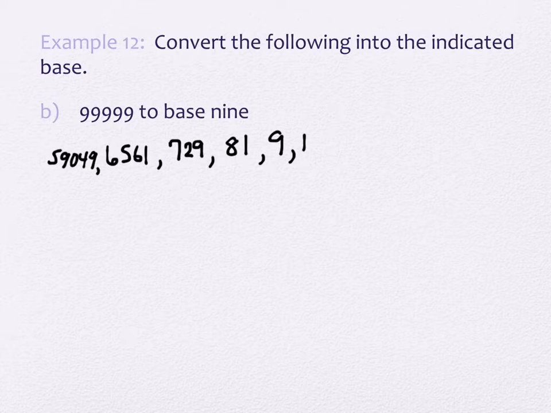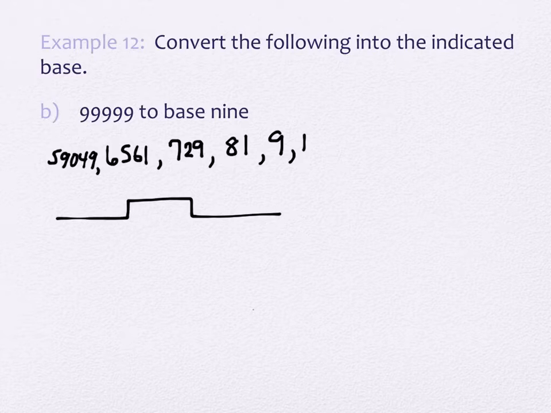All right, so we write down this sort of division bar chart. Scaffolding, I think, is what I've called it once before. I like that term. We write the 99,999 underneath the scaffold. And we write the number we're dividing by on the outside, so that's the 59,049.